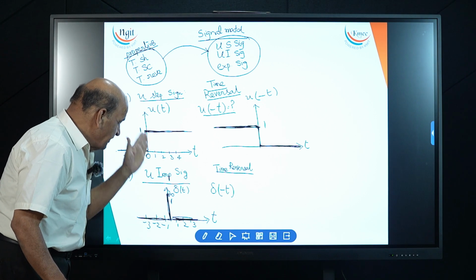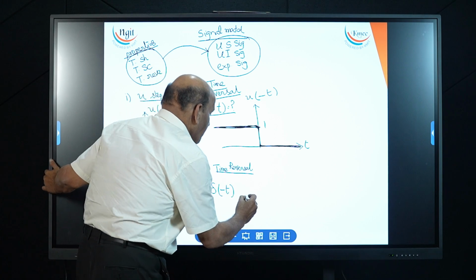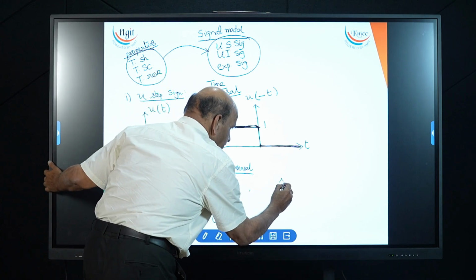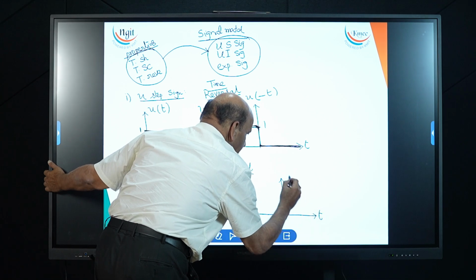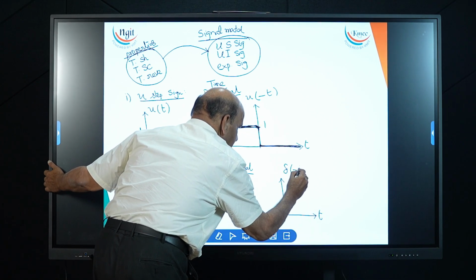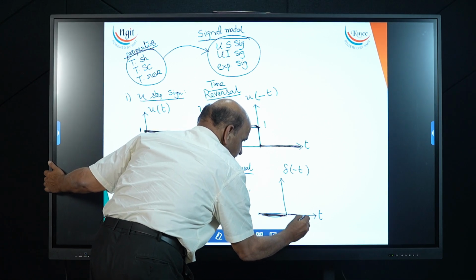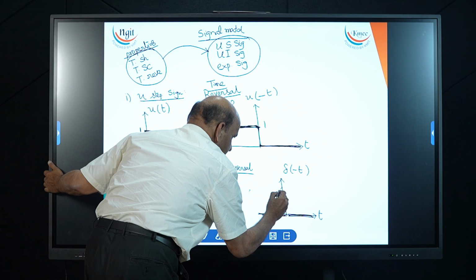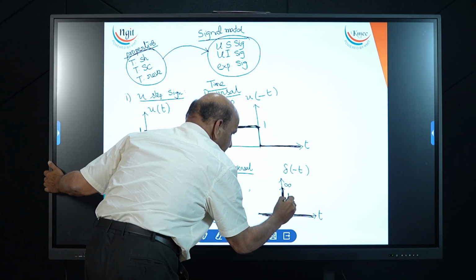It stands in the middle of the graph, so there is no change. We get the same graph for the time reversal concept. Here it is up to infinity, with measuring value equal to 1.